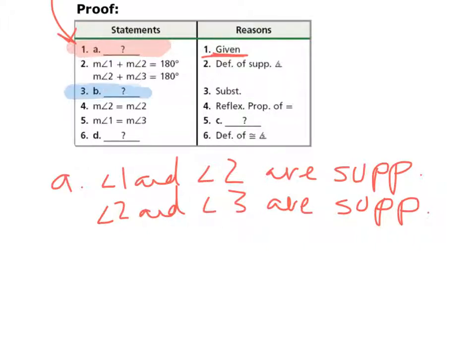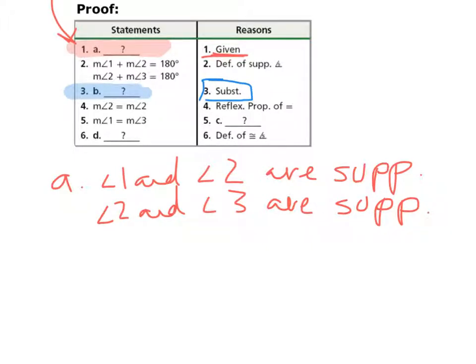So now let's look at B, step 3. Our reason is substitution, so we need to find what we substitute in order to fill in the blank for step 3. If we look at step 2, what do we have that's the same that we can substitute?